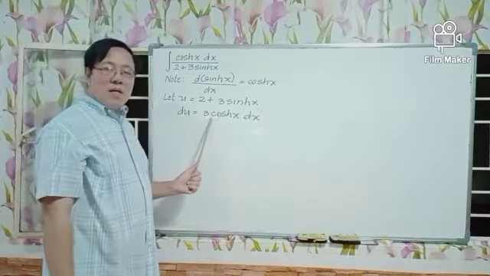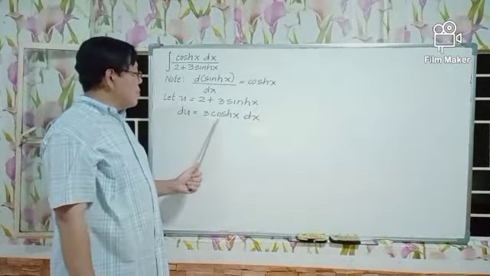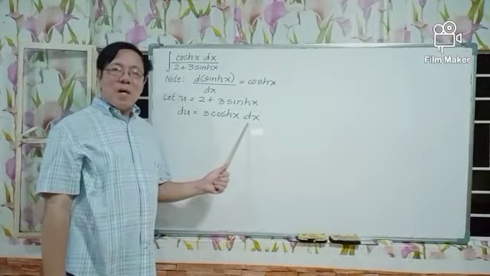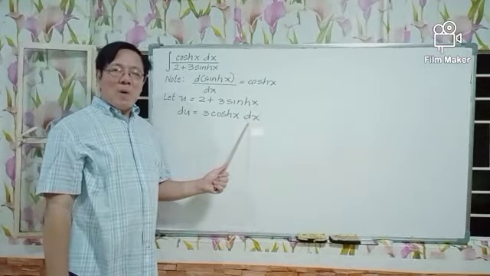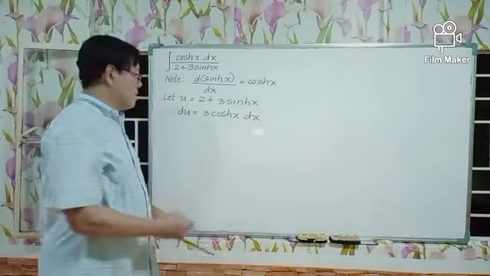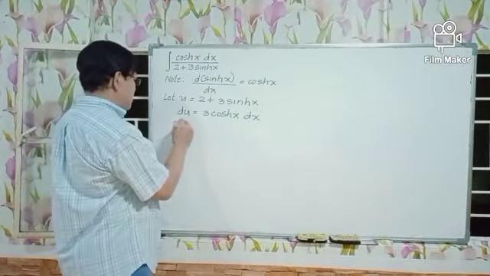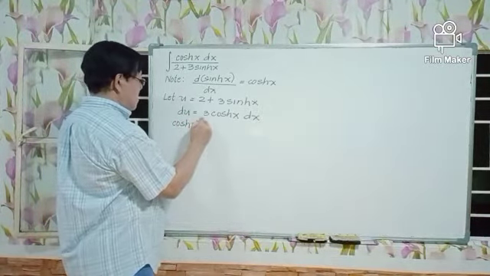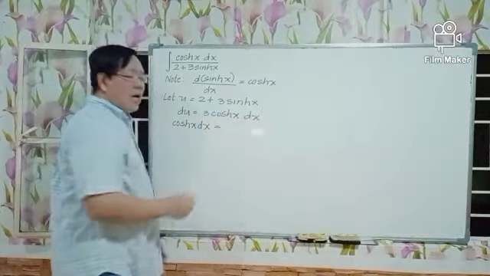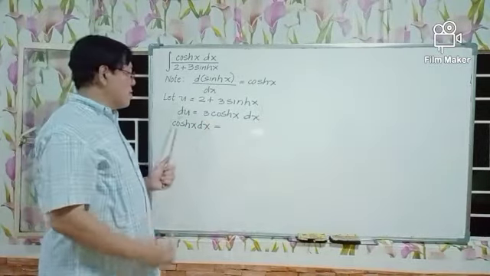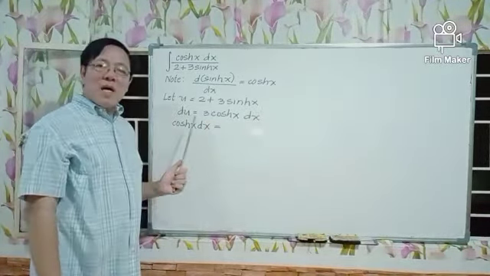If you divide the right hand side by 3, 3 hyperbolic cosine of x dx divided by 3, you get hyperbolic cosine of x dx. And we also divide the left hand side of this equation by 3, du divided by 3.